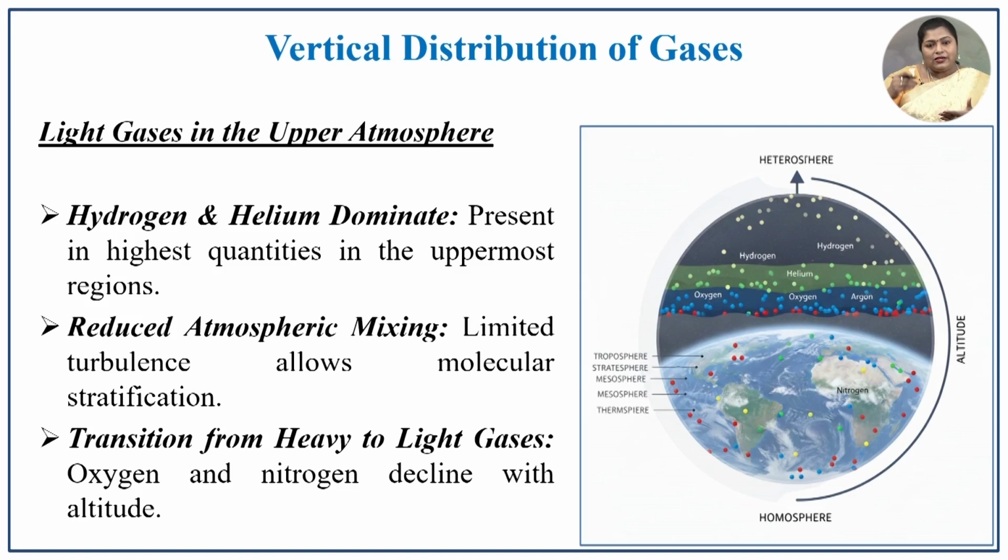So hydrogen and helium dominate in the heterosphere, and it has reduced atmospheric mixing. Why? In the homosphere we have turbulence as well as convection currents, but that is not the case in the heterosphere. In the absence of turbulence and convection currents, this layer has reduced atmospheric mixing.